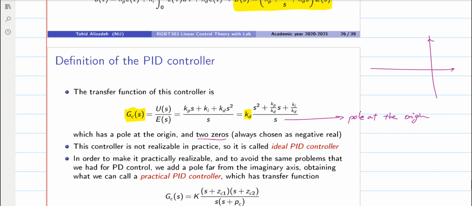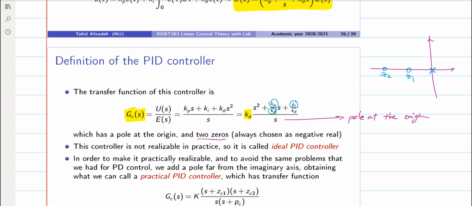So this will be the location for the pole and zeros of the controller. Depending on the values that we have for Kp, Kd, and Ki, the location for these zeros will be determined.